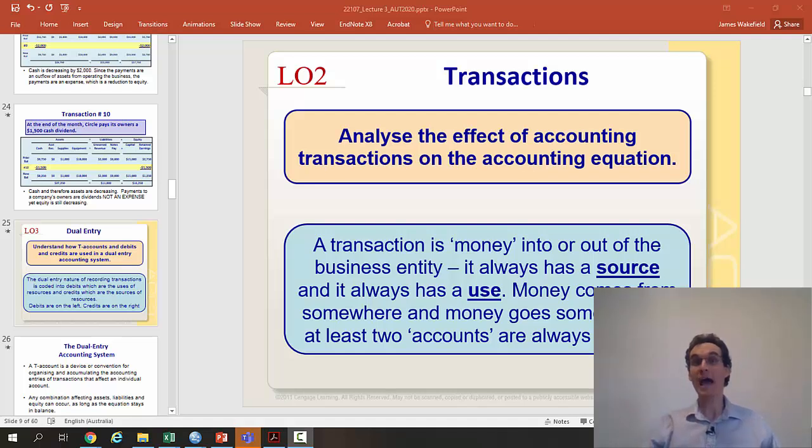So let's have a look at learning objective number 2, which looks at analyzing the effect of the accounting transactions on the accounting equation. So let's start with what are transactions? Well, basically transactions are any activity that crosses the economic entity border or boundary.